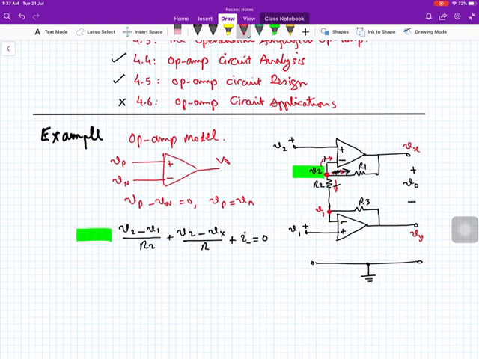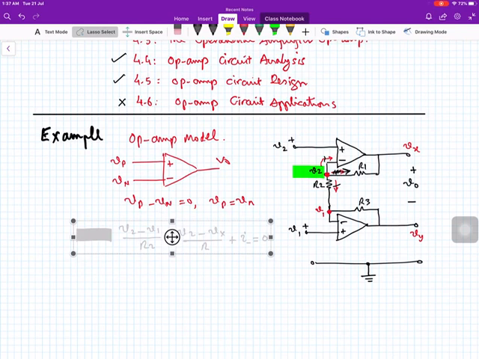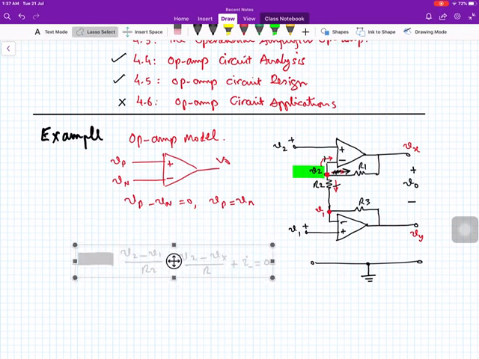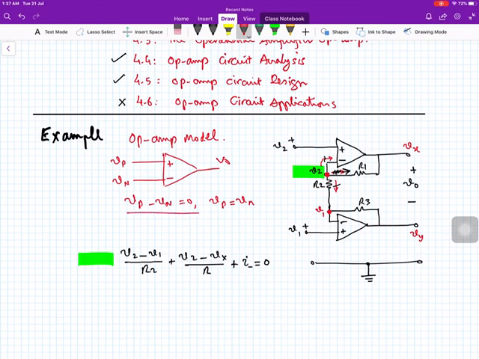You may recall that in the model we also assume that the current entering the non-inverting input is equal to 0, and the current entering the inverting input is also 0.